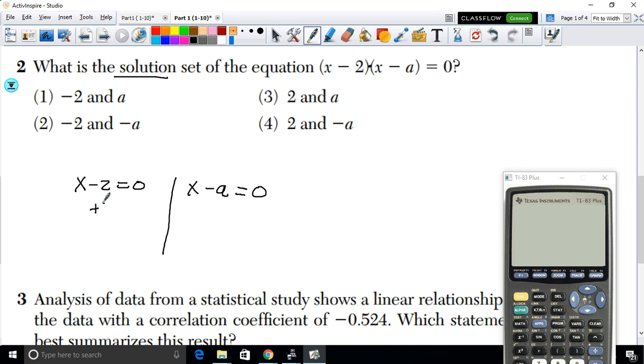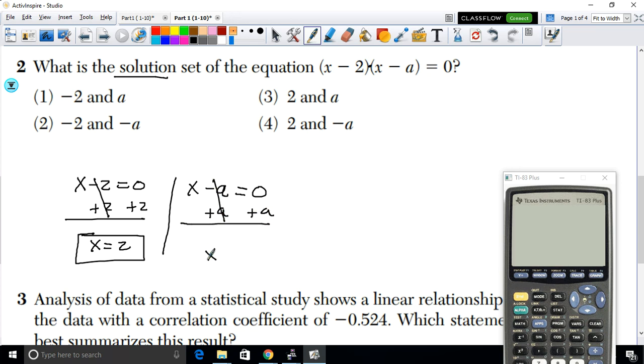So in this equation, you add 2. So here you have your first solution. And in the second equation, you add a 5. x is equal to 5. All right. So after here, if you look at your options, you will see that it is option 3.